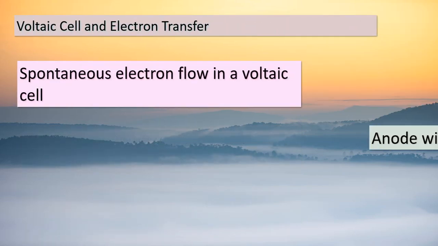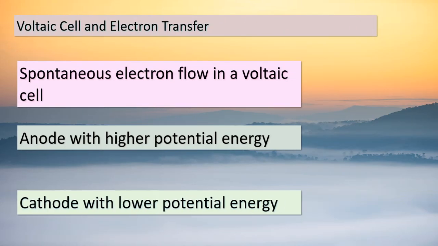Let's now explore the dynamics of electron transfer within a voltaic cell. In this context, the anode contains electrons with a higher potential energy compared to the cathode. As we've learned, nature tends to seek equilibrium and release potential energy. So, electrons flow spontaneously from the anode to the cathode, driven by this potential energy difference.